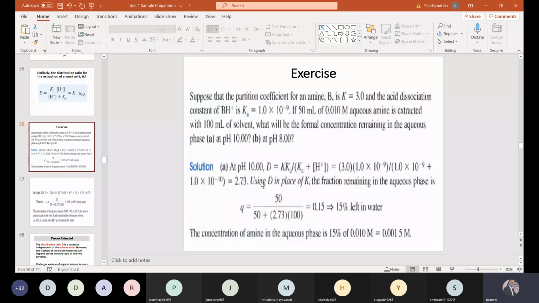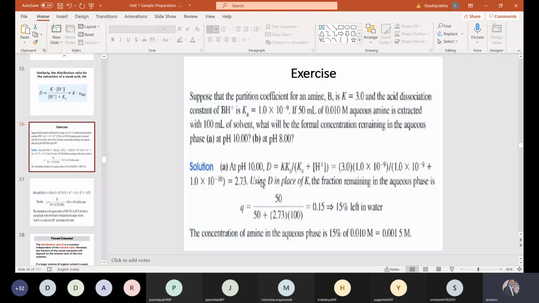But the moment that same species is in an acidic or alkaline medium, part of it is ionized. If part of it is ionized, naturally when we extract into an organic solvent, the distribution would decrease. That means that constant would obviously decrease.